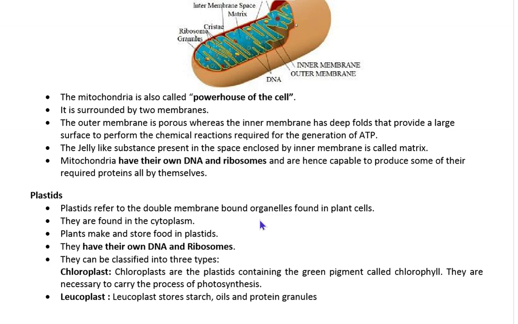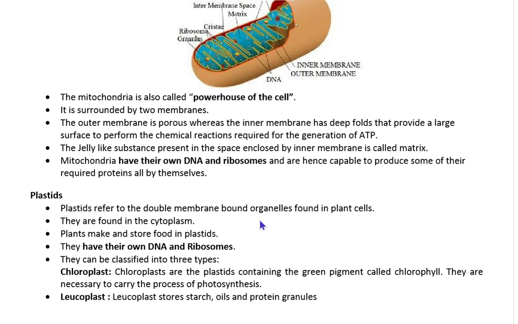So as we studied, plants perform photosynthesis to produce their own food by taking in carbon dioxide, water and sunlight. With the help of chlorophyll pigment, they produce their own food.